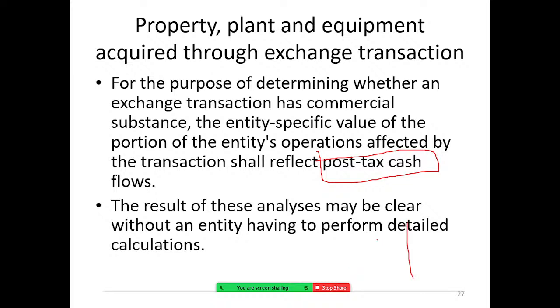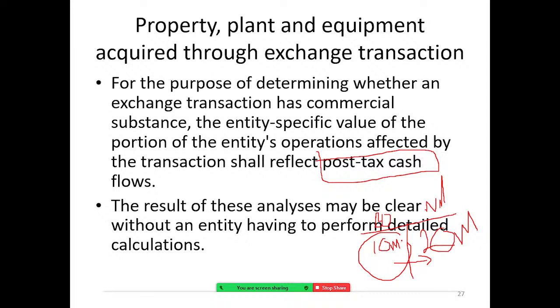Compare the cash flows. When the entity used the old machine, how much were the cash flows? Say for example, net profit after tax is 10 million. After the acquisition, after the exchange, with the new machine, the profit after tax is 20 million.